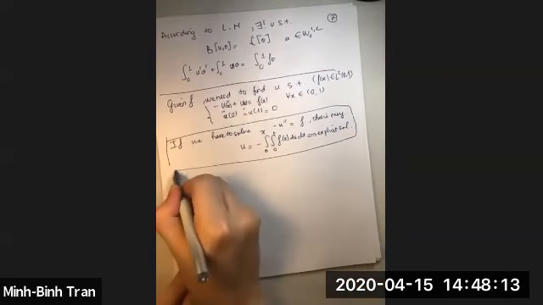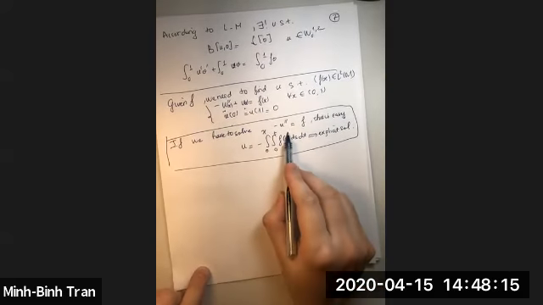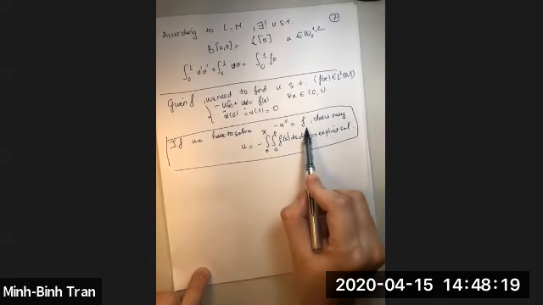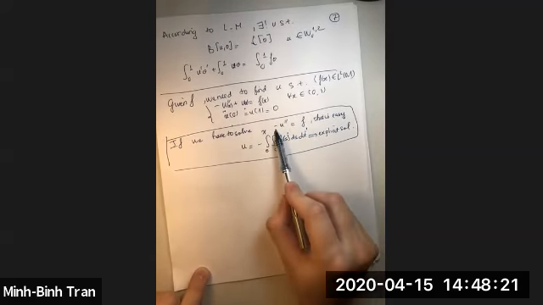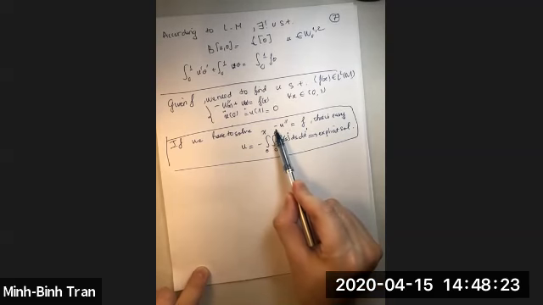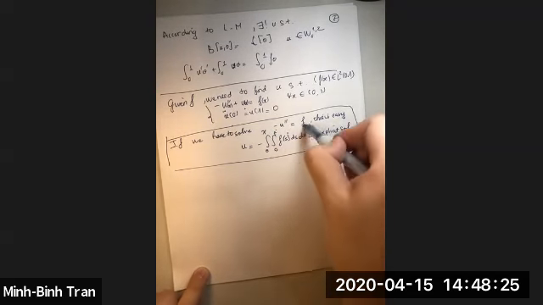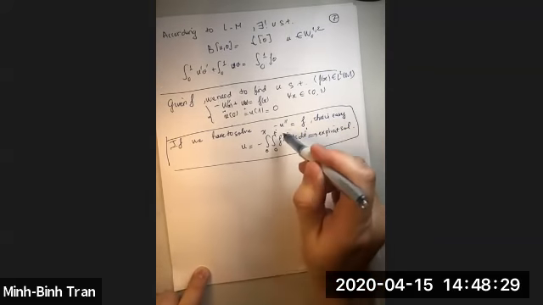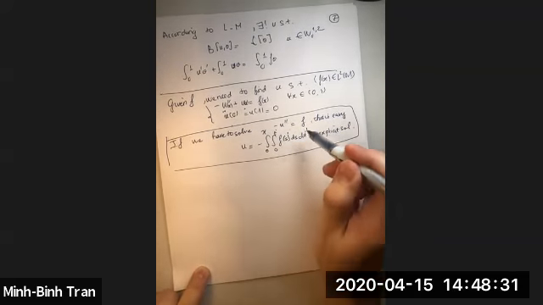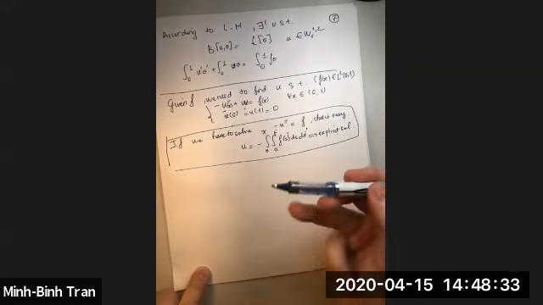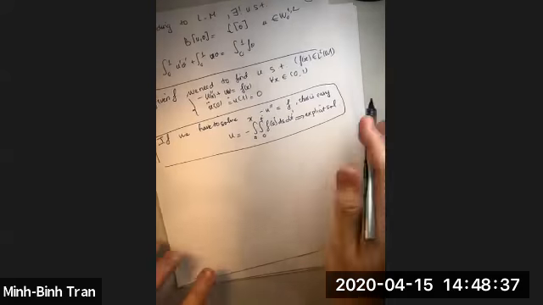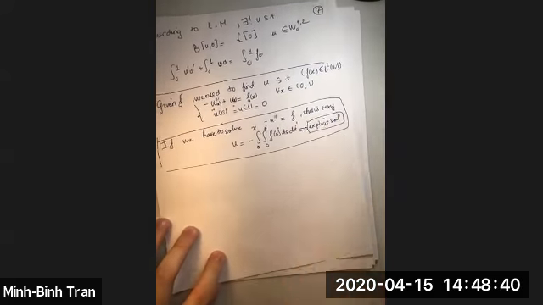So the easy case is that you have minus U second is equal to F. If you give me a function F and you ask me to find a function U such that minus U second is F, then I just have to take twice the antiderivative. That is easy. So in this case, you have an explicit solution.